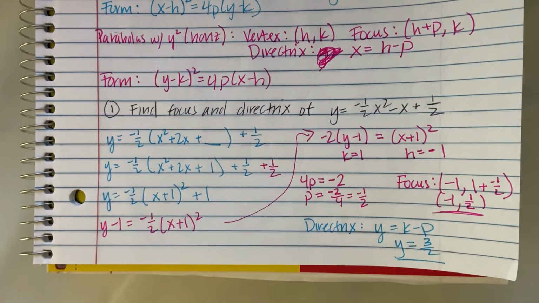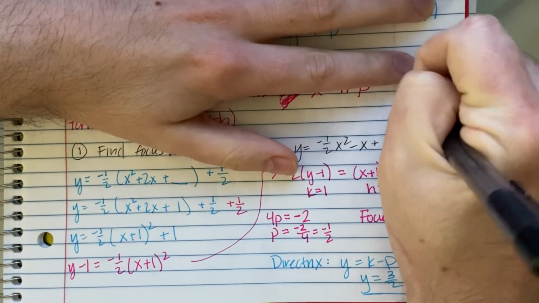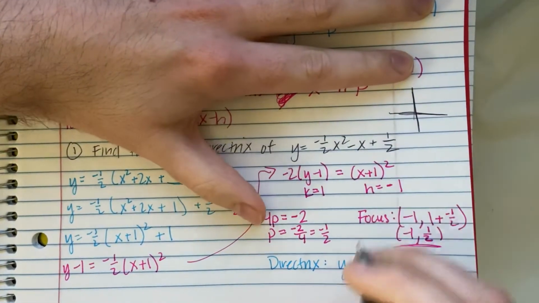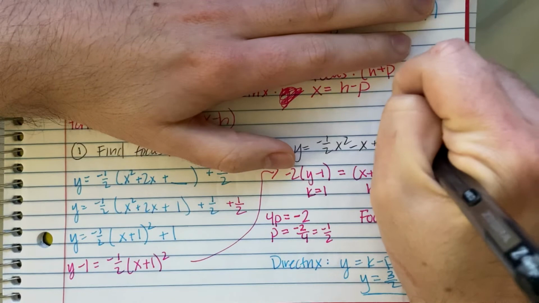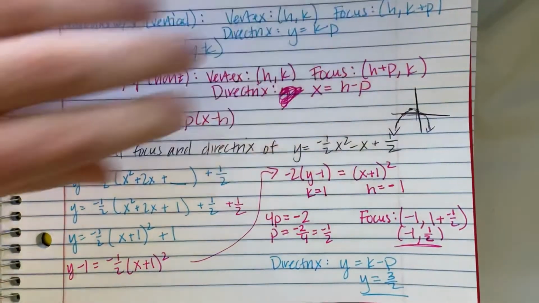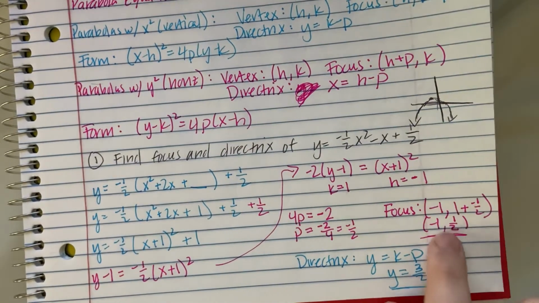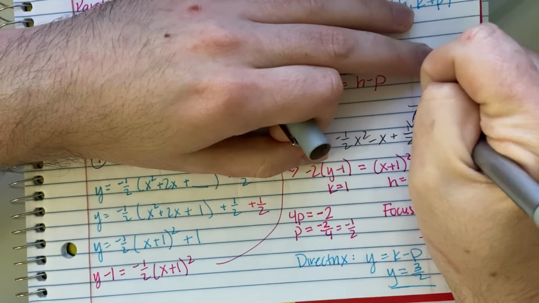If you're wondering what this looks like, I can draw a miniature picture up here. We know what this parabola generally looks like. It starts at negative 1, 1, and it opens downward. So what are the focus and directrix? The focus is a point, it's negative 1, 1/2, just about right here.